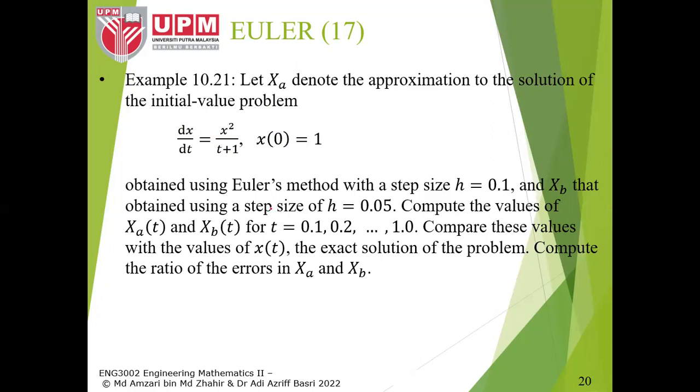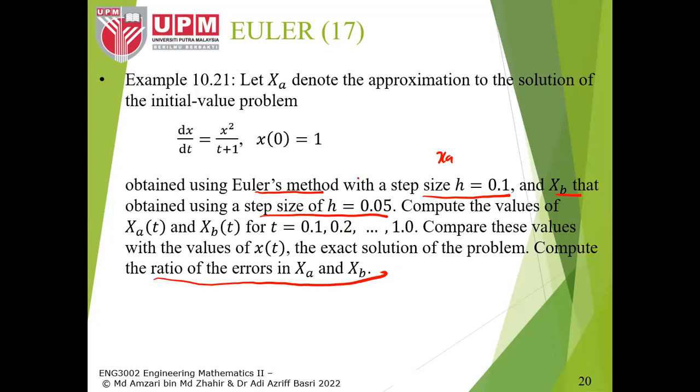Obtain the Euler method with step size h equal to 0.1 for xa, and xb with time step h equal to 0.05. Then compute xa and xb for t equal to 0.1, 0.2, and the rest. Then compare with x(t), the exact solution of the problem, and compute the ratio of the errors of xa and xb.